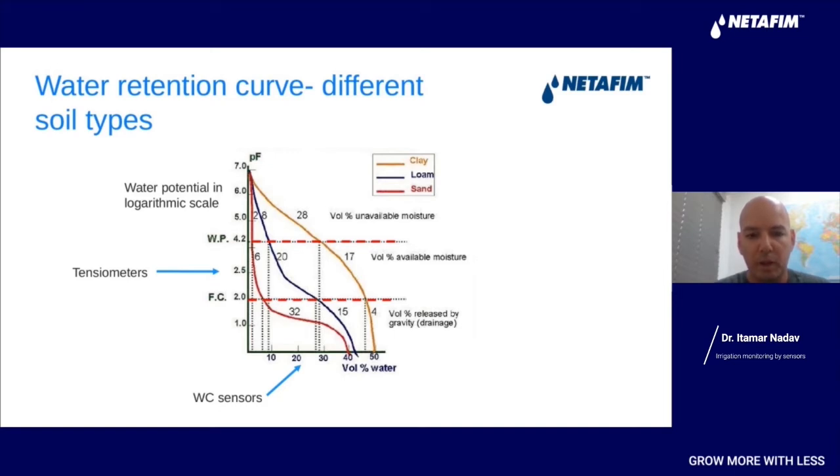And you can see that if we reduce the water content, the water potential is increasing, which means that the plant will need to invest much more energy in order to extract water from the soil. And you can also see that for the value of field capacity, in water potential you will get the same value, but it will be a different value of water content for different types of soils. And this is very important to understand.